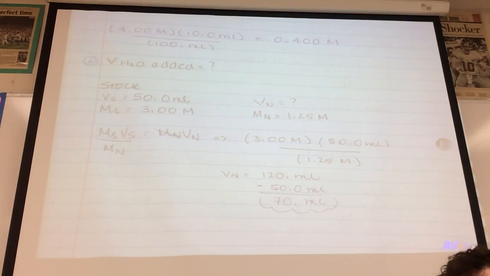The other thing you could say is you might not specify the new volume with a direct quantity. You might say that you used 10 mLs of stock and added 60 mLs of water. What would your volume of new solution be? 70 mLs. So those are the ways that you can make it a little trickier.